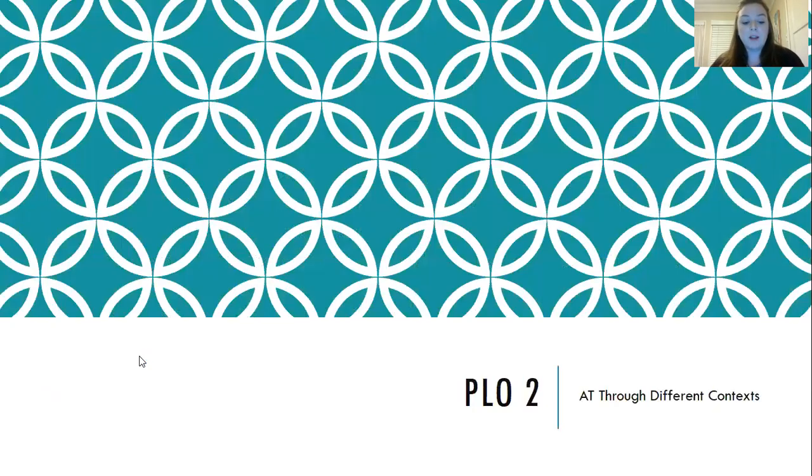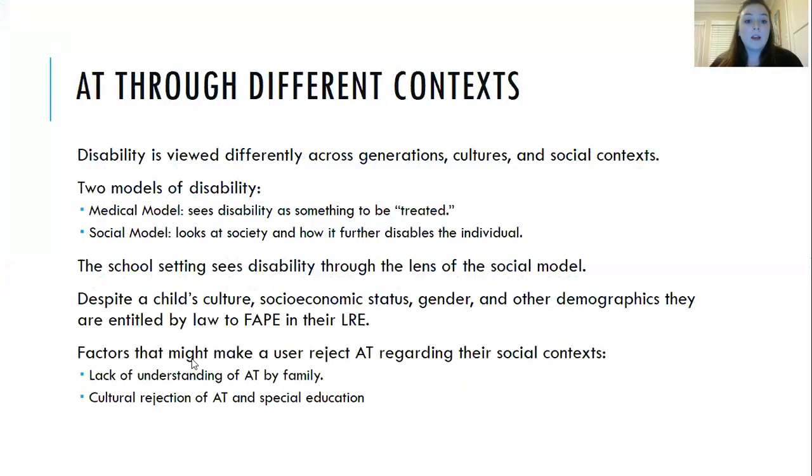So the next PLO is AT through different contexts. Disability is viewed within 2 models. The first model is the medical model, which is seeing disability almost as an illness and something that needs to be treated. And the social model, which looks to intervene and adapt to surrounding environments and challenges that people with disabilities face.